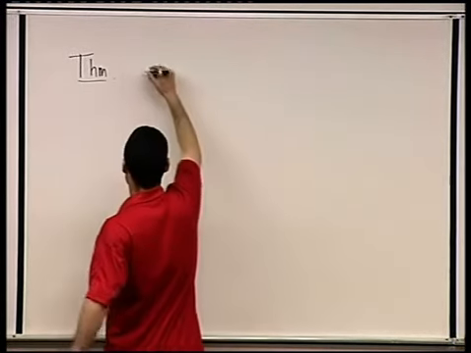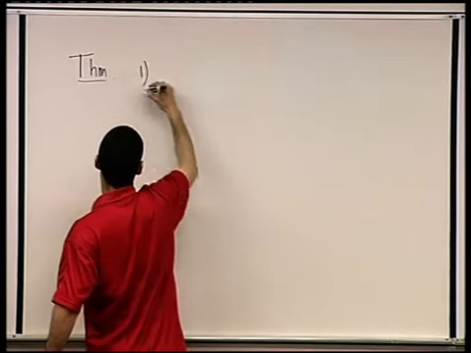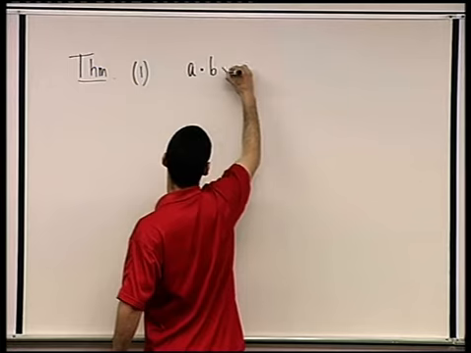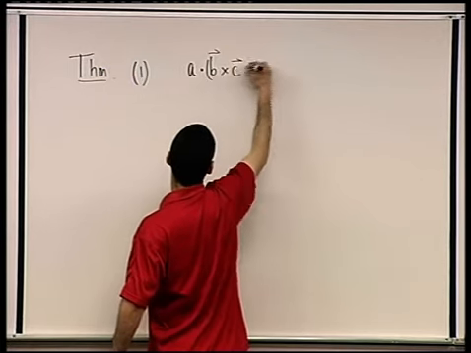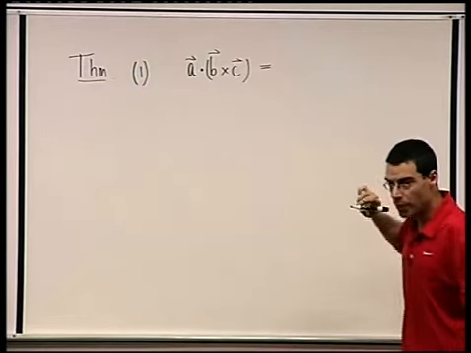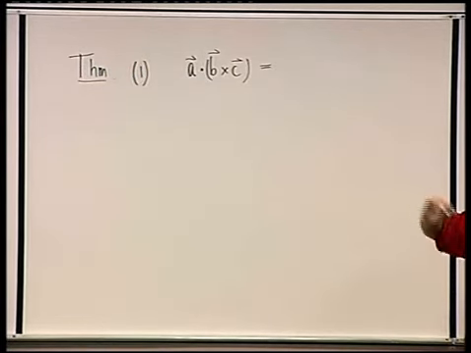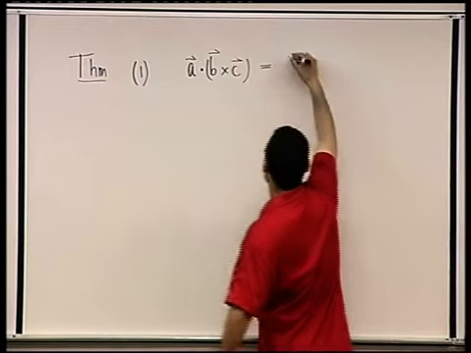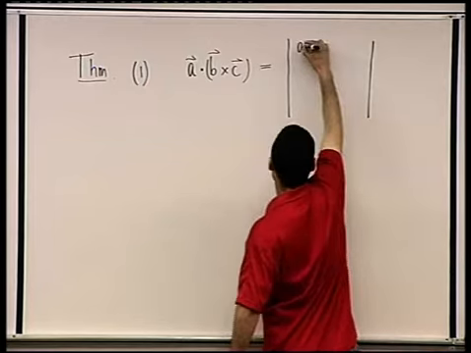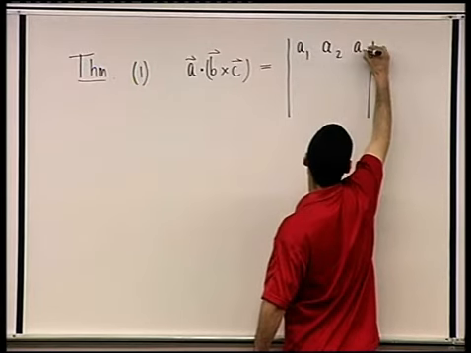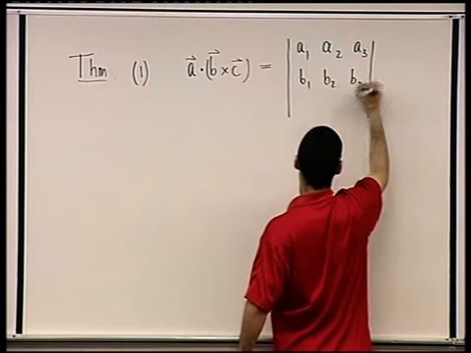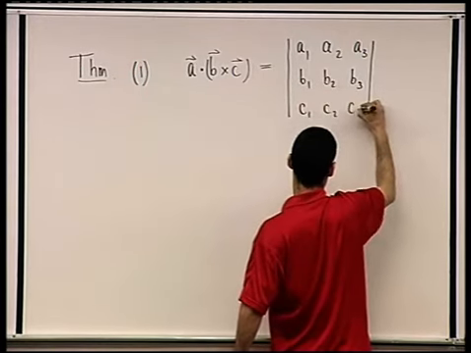So part one says that the triple product of A, B, and C equals, now I'm right away going to write the short notation for it, which is going to be using this determinant. And you just write the components in the three rows. A1, A2, A3, B1, B2, B3, and C1, C2, C3.